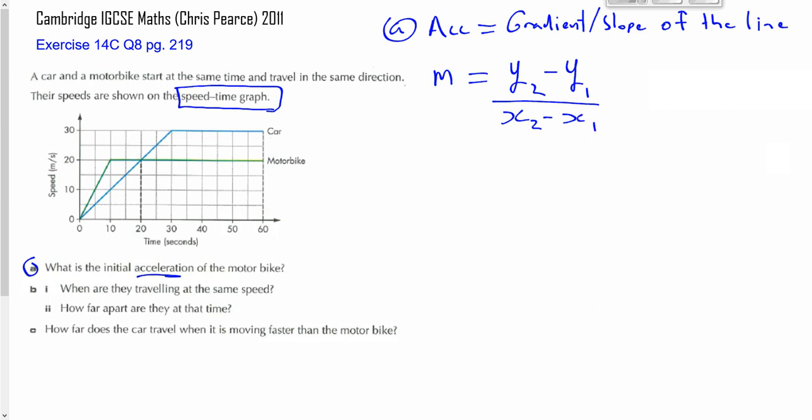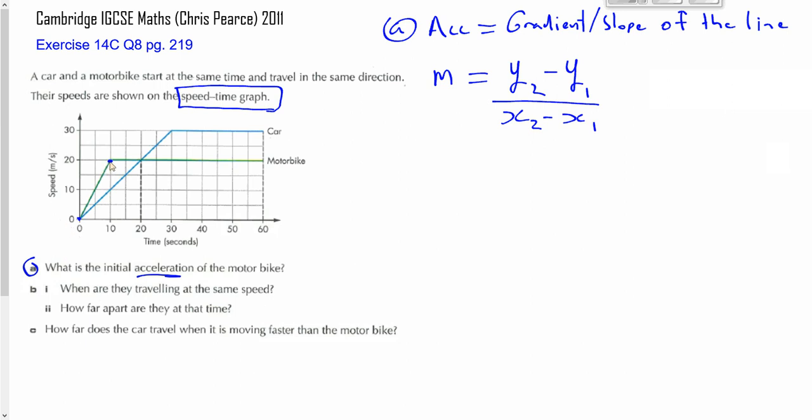So let's choose two coordinates. We're talking about the initial acceleration, and we can see that it starts at 0, 0, and the gradient is the same up to this point up here. I'm going to choose these two points. You could choose other points, but I think it's easier working with zeros.